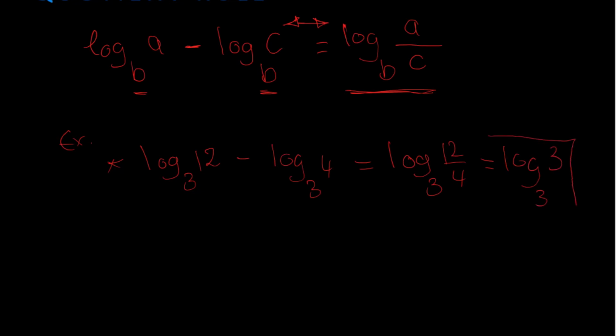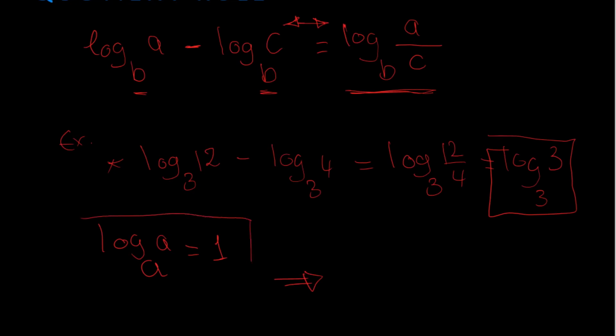And here I will tell you one of the properties. If we have log base a of a, it equals 1. So if the base is equal to the argument, the answer is 1.